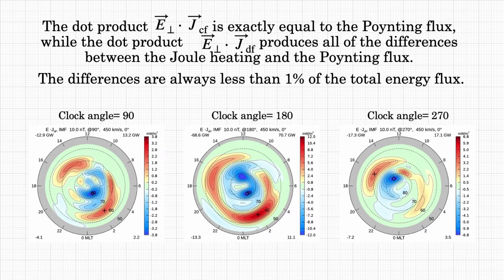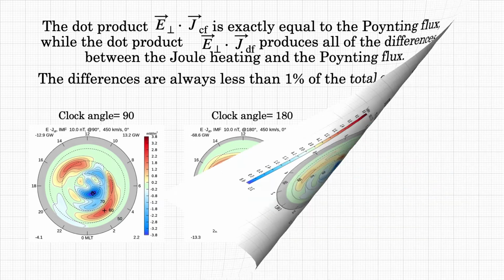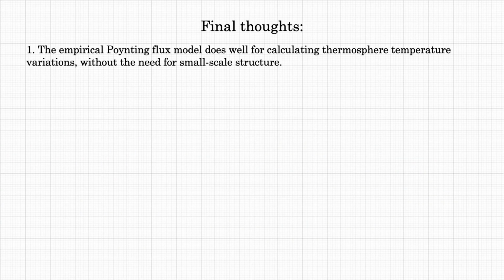On these maps you can see that the energy transfer is negative in the polar region to near noon and positive in the Rho zones. Some final thoughts, some which may be controversial.